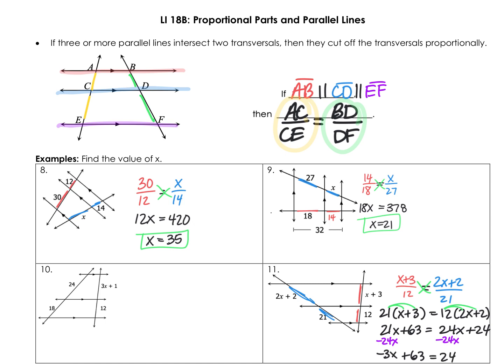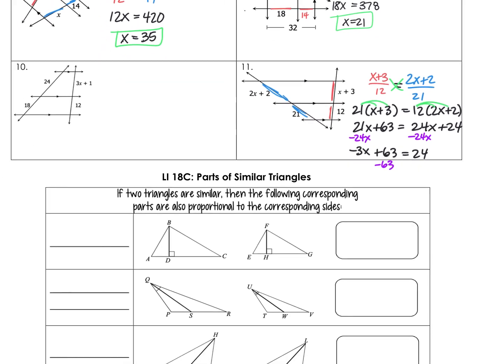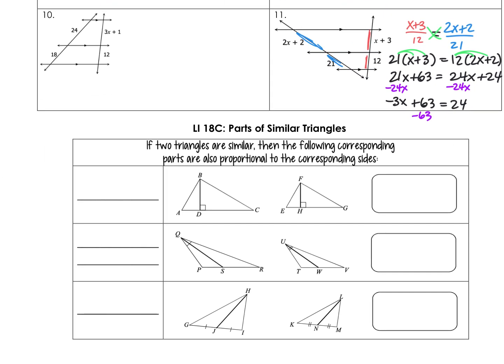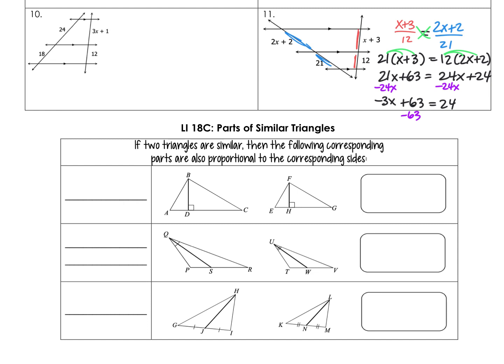If I subtract 63, then I would have negative 39. And then divide by negative 3. So x is 13.